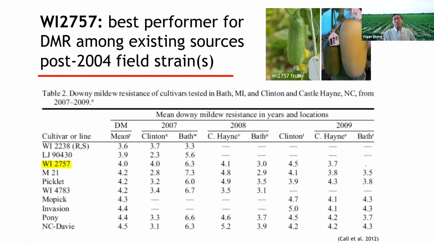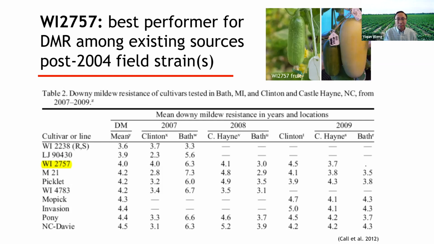The 2757 is really a legend, which had resistance for 9 decades, and was developed by my predecessor, Dr. Clint Pharr. After the breakdown in 2004, North Carolina State screened the collection, and among the cucumber varieties, 2757 still maintained a pretty good resistance.